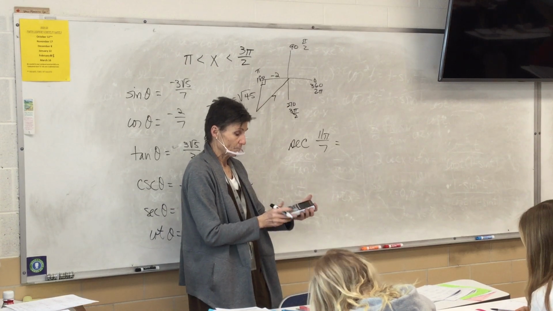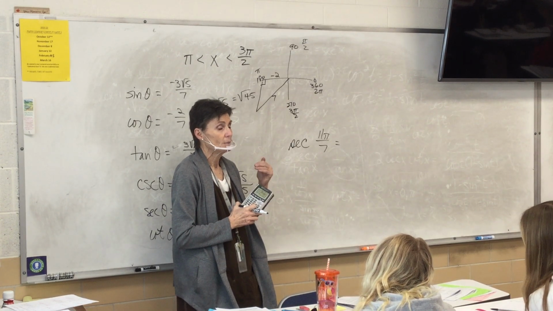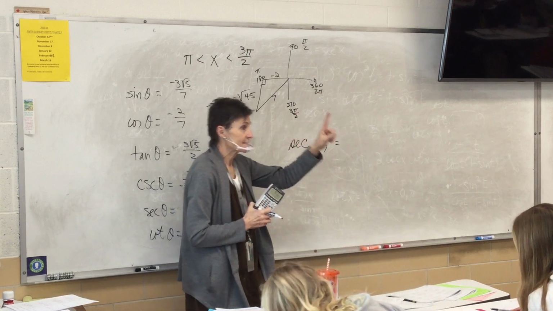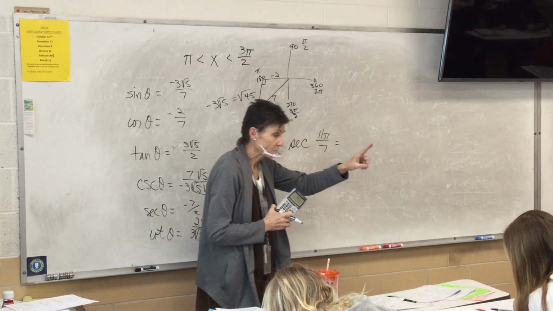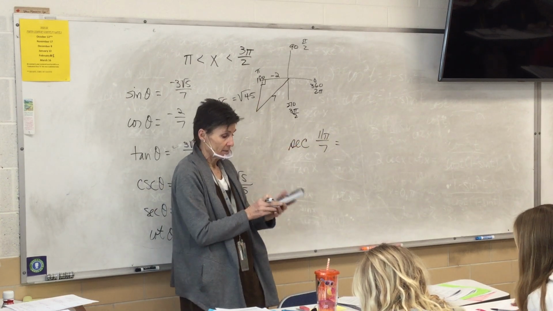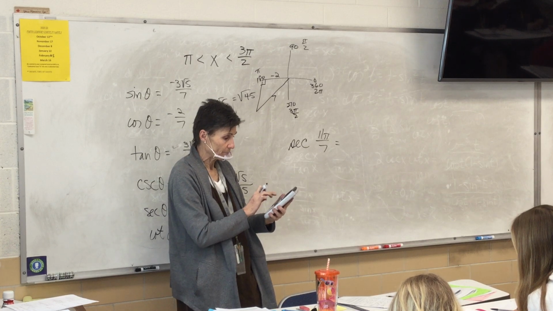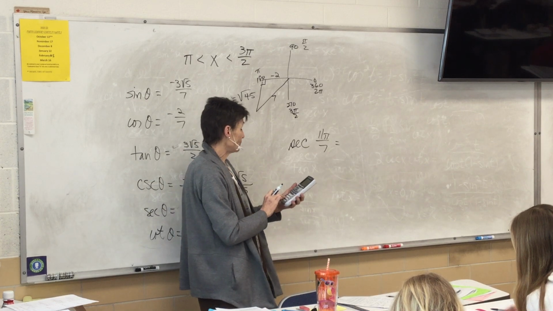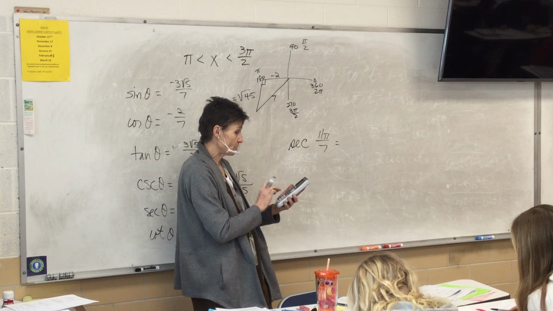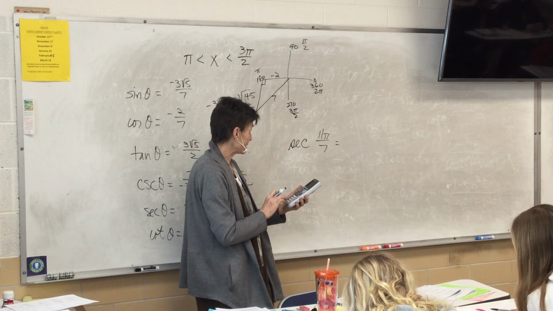Two things. First of all, how do I put a secant into my calculator? 1 divided by cosine. Second of all, 11 pi over 7 is a radian. So make sure that you are in radian mode. And then do 1 divided by cosine, 11 pi divided by 7.